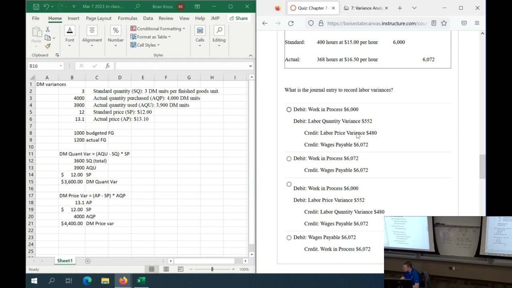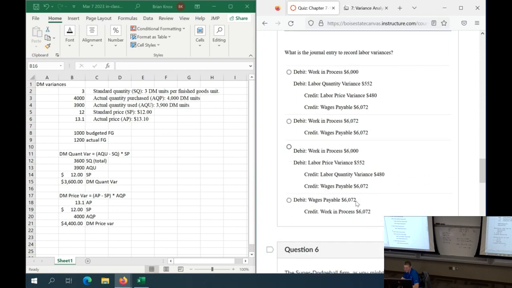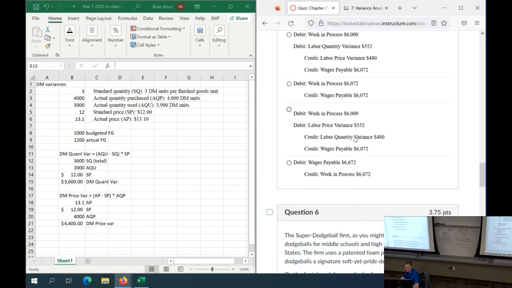It looks like I'm varying the name of these two accounts. Labor price variance is getting a debit of 552 in this answer. I'll scroll up a little bit for the video. And quantity variance is getting a credit of 480, whereas over here, price variance gets the credit of 480 and quantity variance gets the debit of 552.